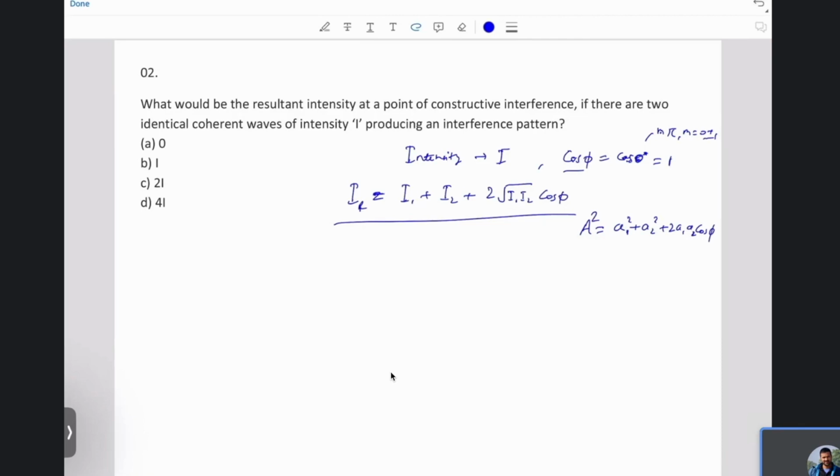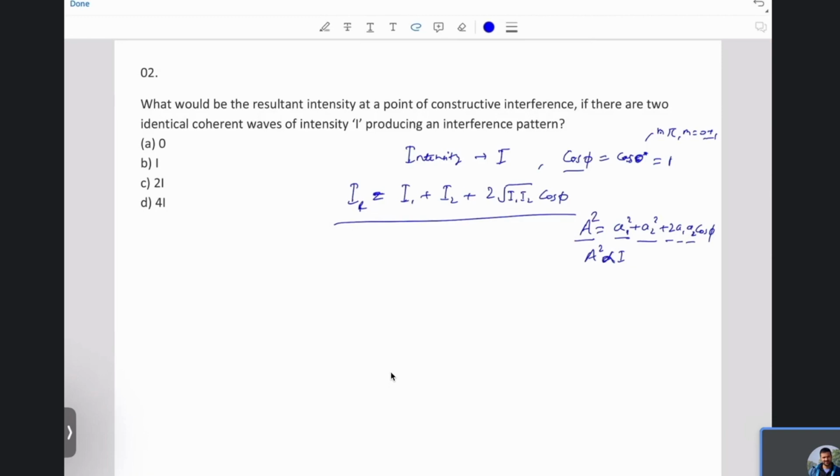and amplitude square is proportional to intensity. So we can just put, in place of a square, I resultant, I1, I2, and for a1 you have to write root I1, and for a2 you have to write root I2.